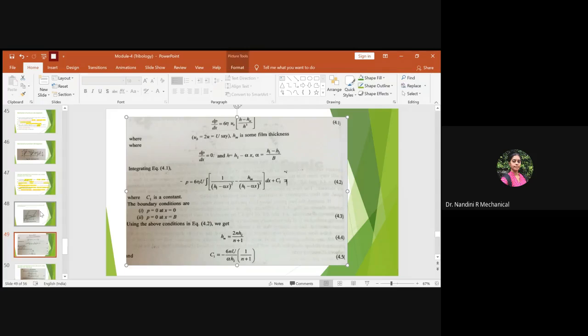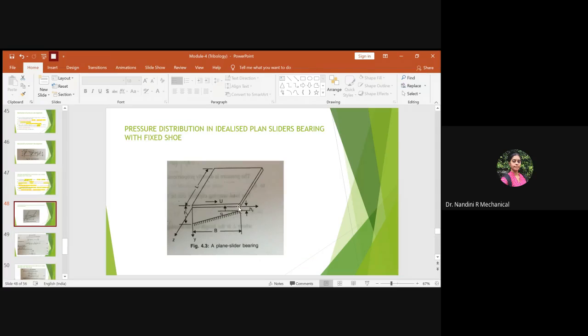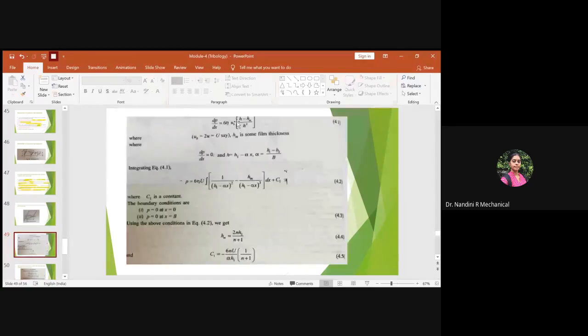We have assumed that the top surface is moving with a velocity of capital U. So we have to correlate U suffix B in the form of U. Here what he has assumed is that U suffix B will be equal to twice the velocity, because it was a very small component of velocity which was considered during the derivation of the Reynolds equation.